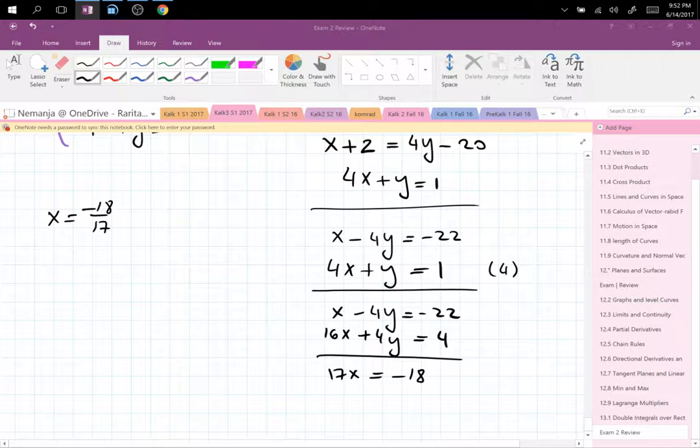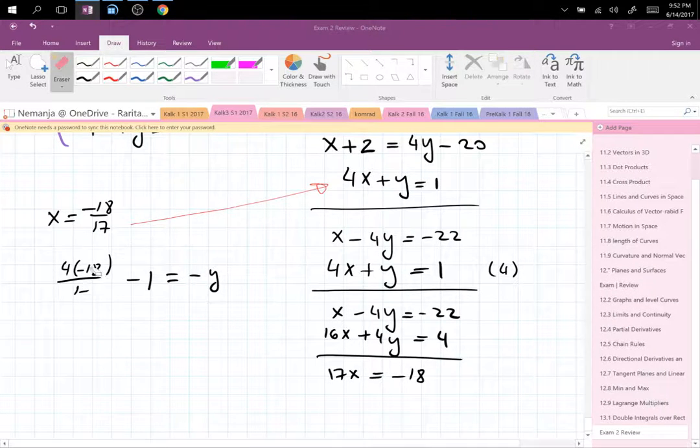And then you can use any of the equations that have x and y to compute y. So I'll go into the original equation.